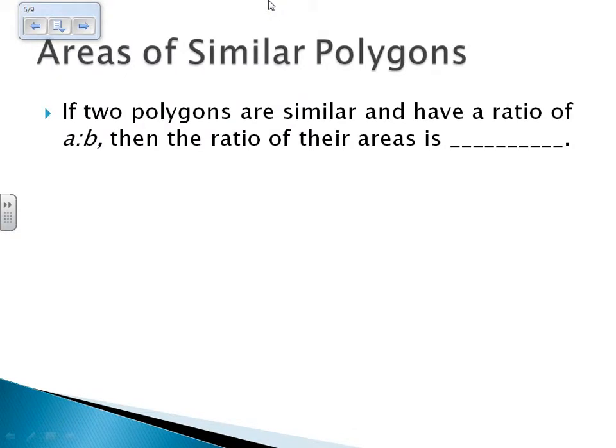So as she said, if two polygons are similar and have a ratio of A to B, this should be a side ratio. If they have a side ratio, so their sides are A to B, then the ratio of their areas has to be what? Squared. So what would this be?